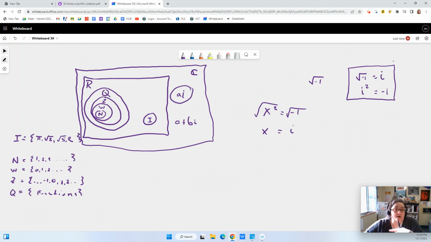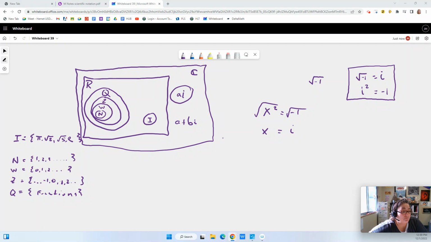Now, I was telling you before that when we're talking about complex numbers, we've got this other component, right? This a plus bi unit, and it's how we deal with real numbers and their imaginary components, right?